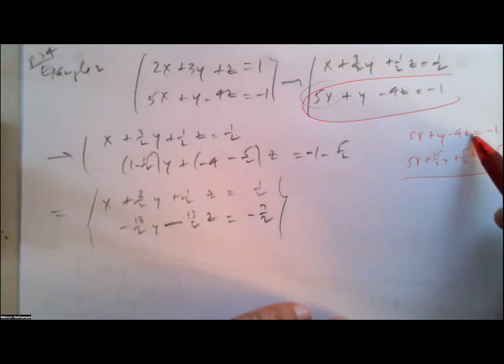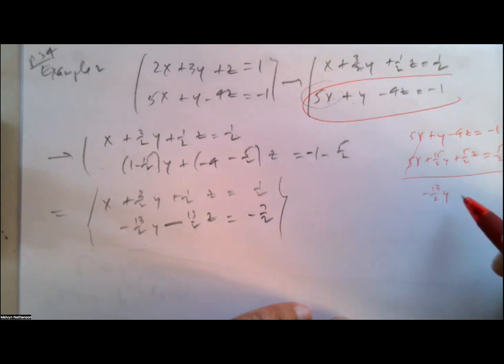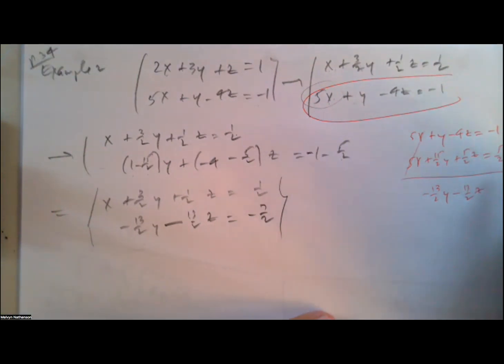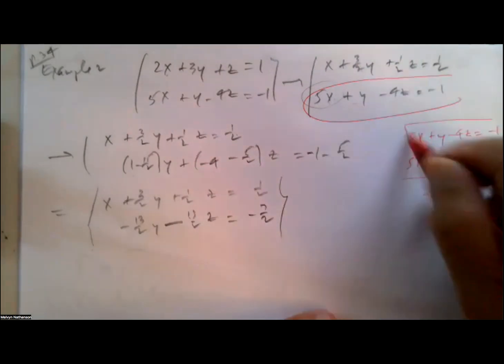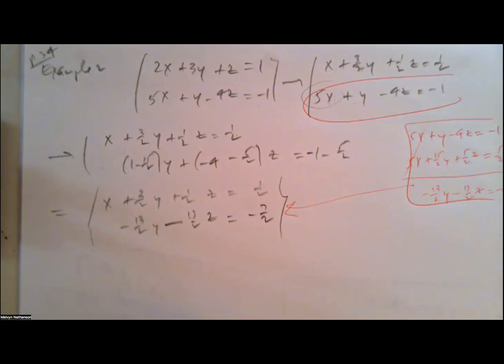And if I subtract this from this, these cancel. I get minus 13/2 y, minus 4 minus 5/2 is minus 13/2 z, and minus 1 minus 5/2 is minus 7/2. So that's how I got this second equation, and I eliminated the x. This is why it's called Gaussian elimination.